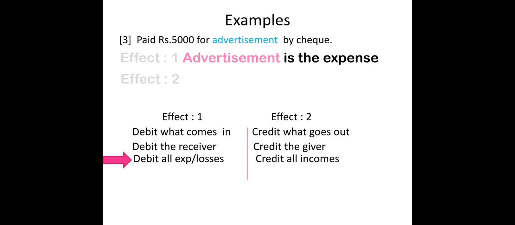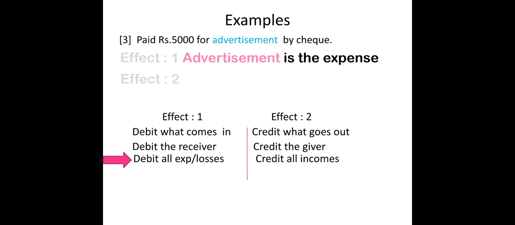Okay, so in effect number 1 we can write advertisement is the expense. Okay, so effect number 1 is over. Now effect number 2 is different, student. Here we are paying by check, we are not paying cash. So we cannot write cash goes out, but we are paying money by check. Now, student, you already learned that whenever you pay money by check, who makes payment on your behalf?